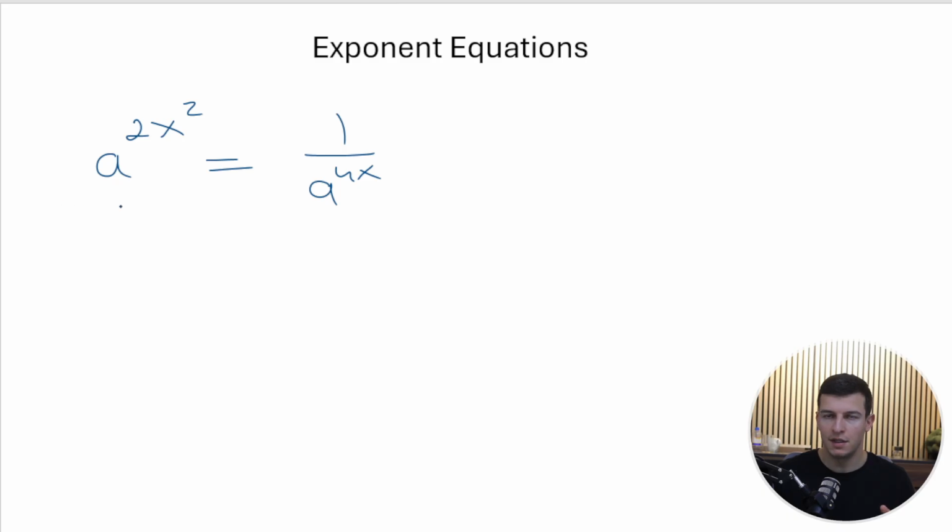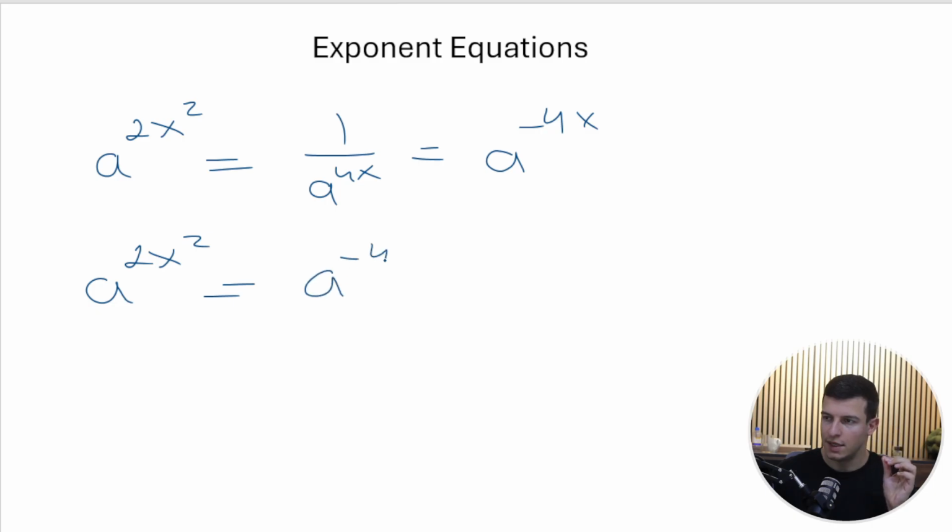The left side is already nice, it's a to the power of something, 2x squared. Let's see if we can do the same thing for the right side. If I have 1 divided by a to the 4x, using the exponent rules from the previous video, which you should check out if you haven't, I can write it as a to the negative 4x. Now I have the same base.